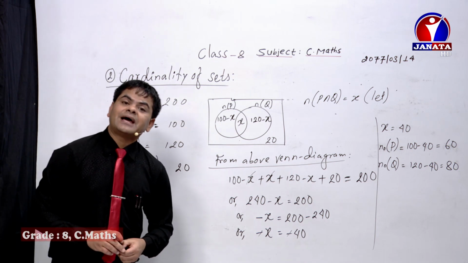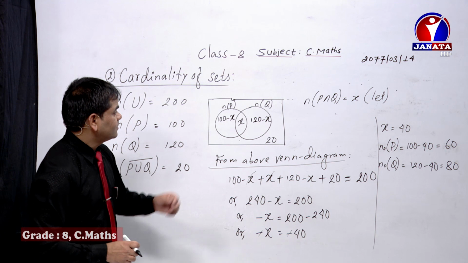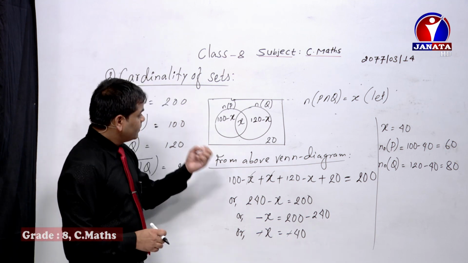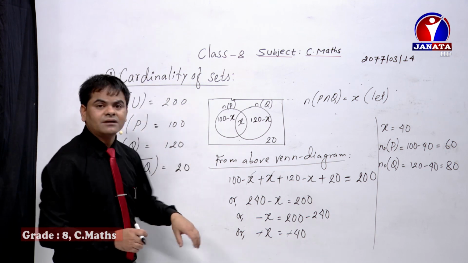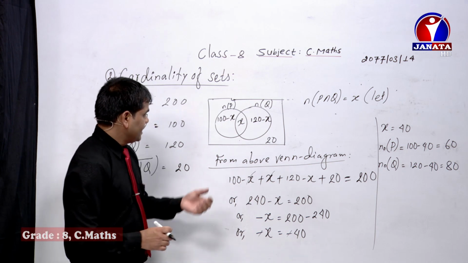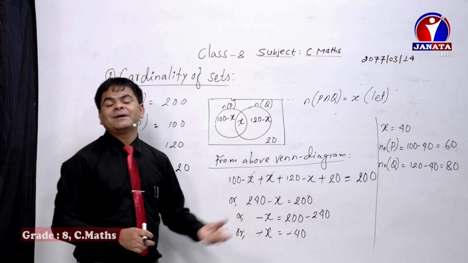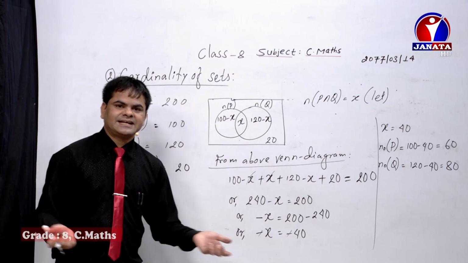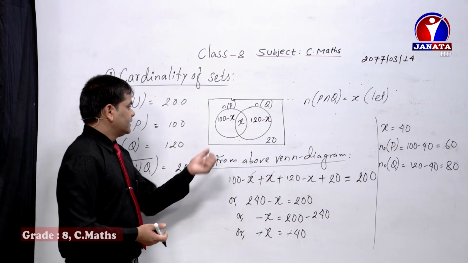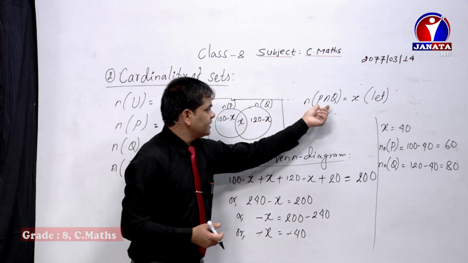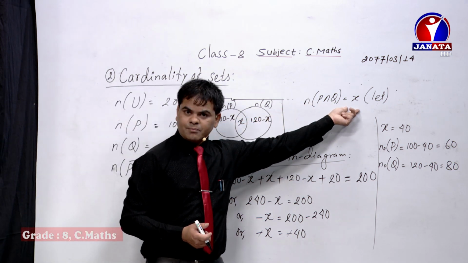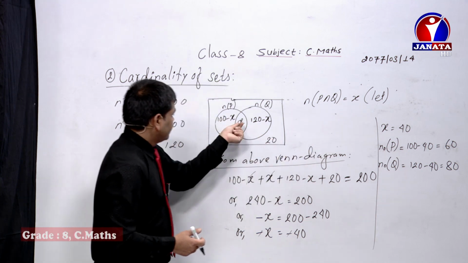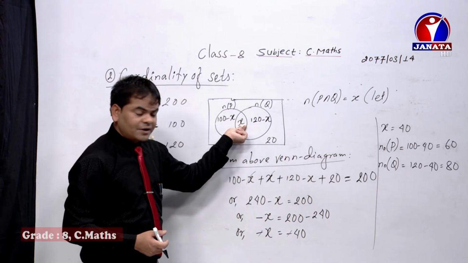As the intersected value is not mentioned here, we need to suppose a value. A value which is not included in the question should always be supposed. Sometimes the value of the complement side may not be given, and you need to suppose it as x, y, z, any variables. Now in this question, as the intersected part value is not given, we suppose it as x, and we keep it in the place of the common area.